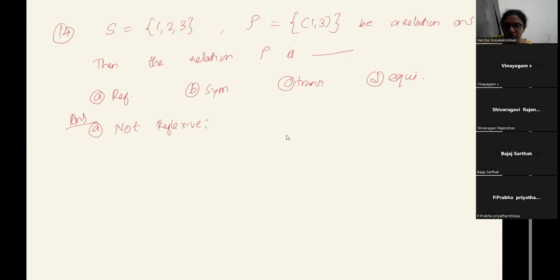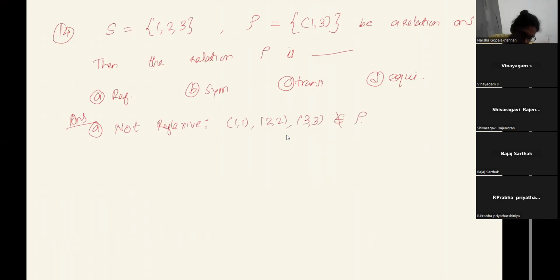And 2 is also not matched to 2. If it's reflexive, every element should map to itself. (1, 1), (2, 2), (3, 3): none of these elements belongs to rho. So it is not reflexive.